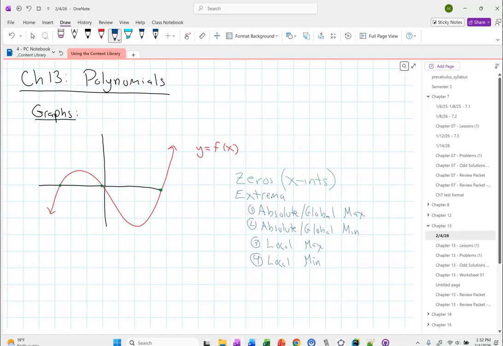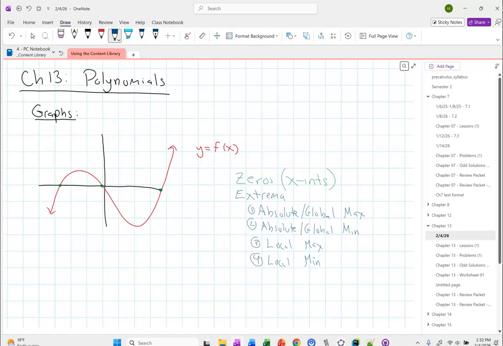Is everybody okay? Do you remember the difference between a local maximum and a global maximum? A point is a global maximum if its y-coordinate is bigger than or equal to all other y-coordinates in the graph.